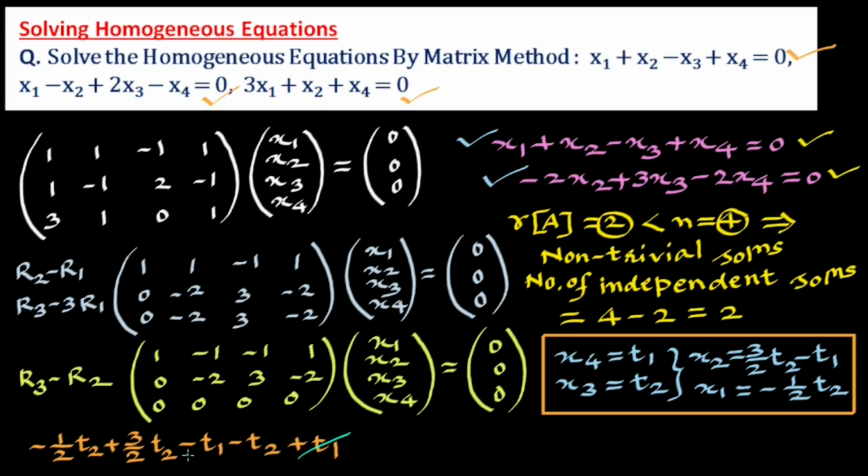This t1 gets cancelled. 3/2 t2 minus half t2 gives us t2. So this t2 minus t2 gives us 0. Hence the values are verified, and hence the solution. You can verify this solution for the remaining two equations.